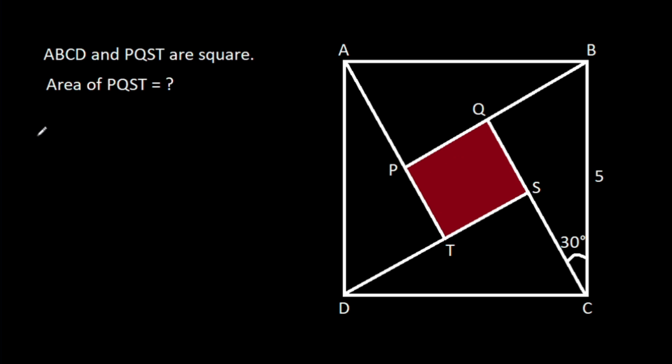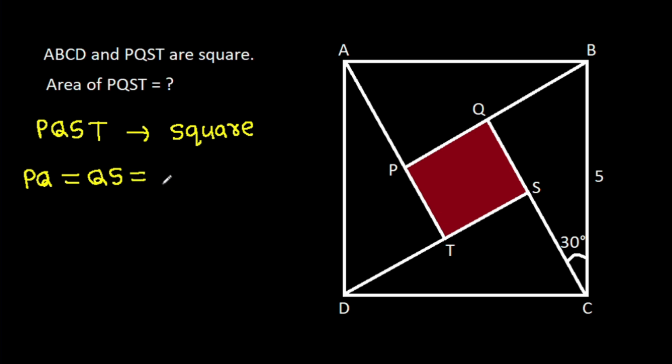So PQST is a square, that means PQ will be equal to QS, equal to ST, equal to PT.